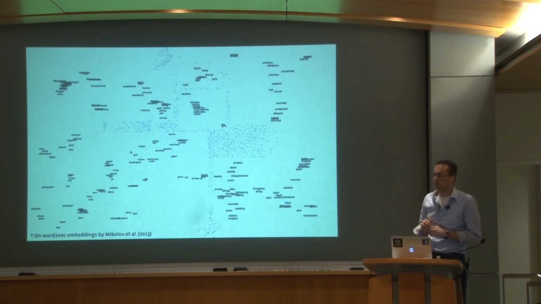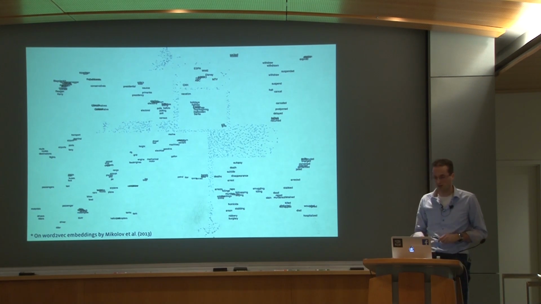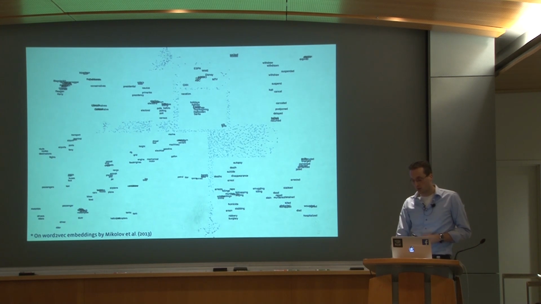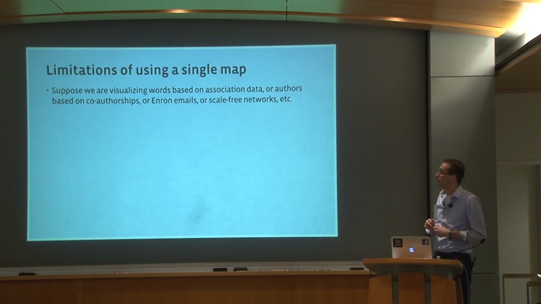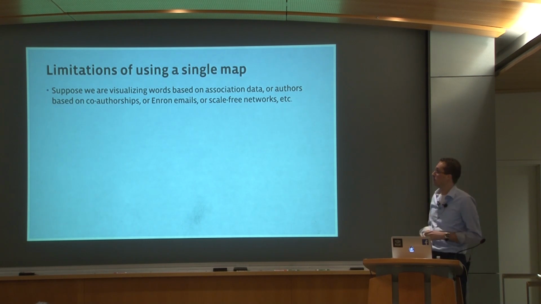The reason I'm showing this map is because it also highlights one of the limitations of the technique I discussed so far. In particular, what I mean by that is the limitation of using a single map. So let's say I really want to visualize words like this in a map, right? Or maybe it's not words, but maybe it's authors of papers based on their co-authorship.